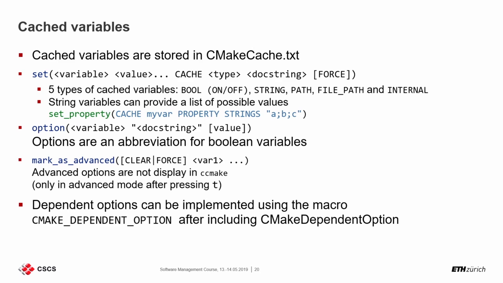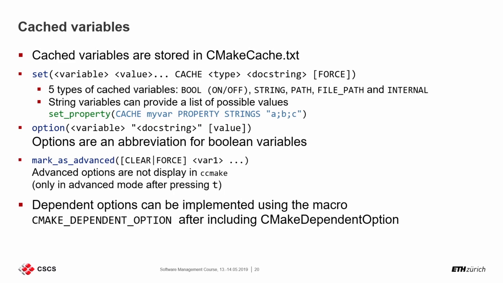The CMake dependent option is already a bit more advanced. So a typical use case in our project is you have a library or an executable which you want to build with CUDA. And for CUDA, you have different standards for different GPUs. So the CUDA architecture.